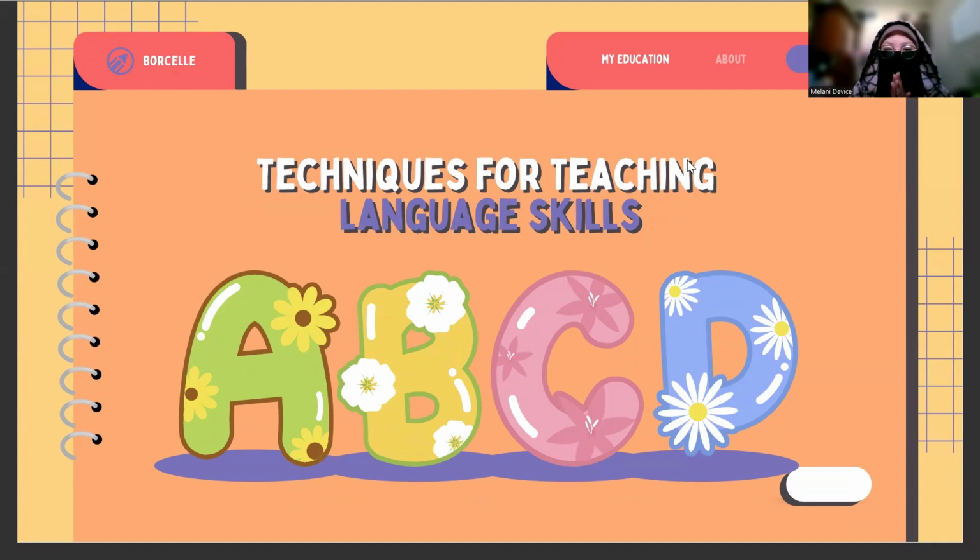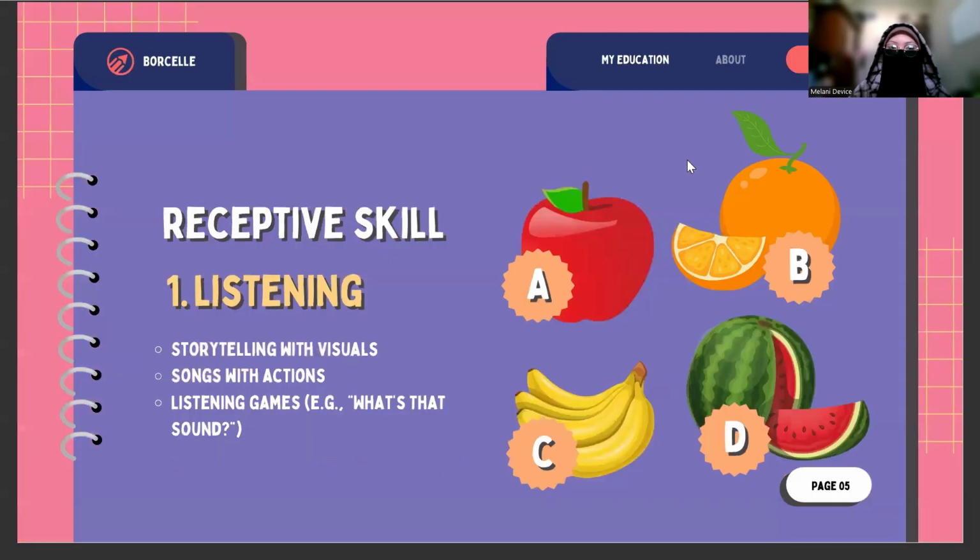Everyone, the next one is about teaching the various language skills. We know that teaching English to young learners requires more than just knowledge of language; it demands empathy, creativity, and strong classroom management. By applying receptive skills and productive skills, we can know how effective the learning is in the classroom. For the first one, receptive skills.